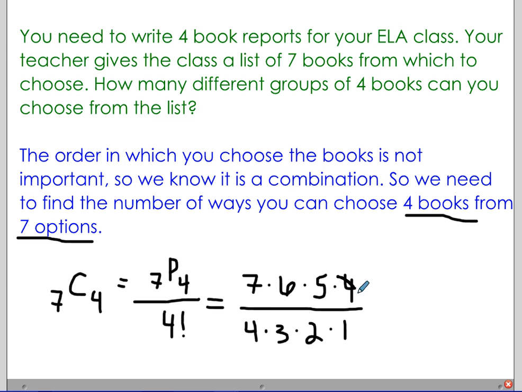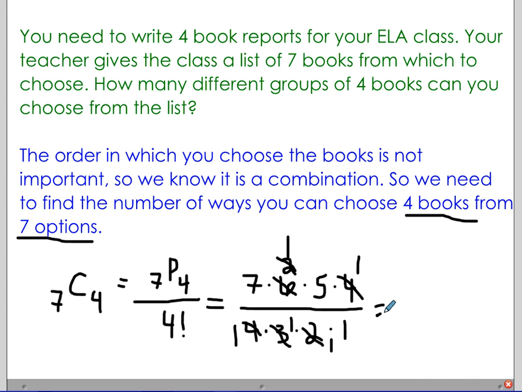So I'm going to cancel out my 4's, and they're going to become 1's because 4 divided by 4 equals 1. Okay. I'm going to divide my 6 and my 3. My 3 is going to become 1 because 6 divided by 3 is 2. So 2 is left up here. Now I can actually cancel out my 2's.